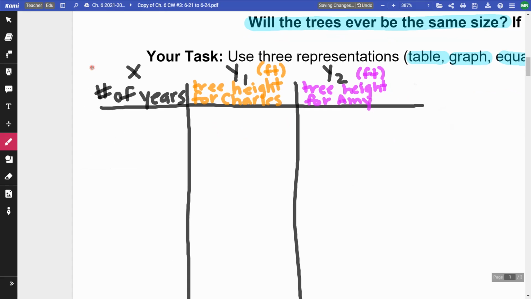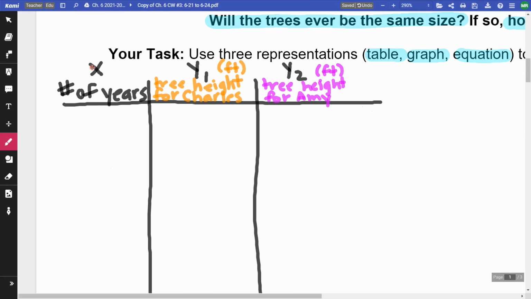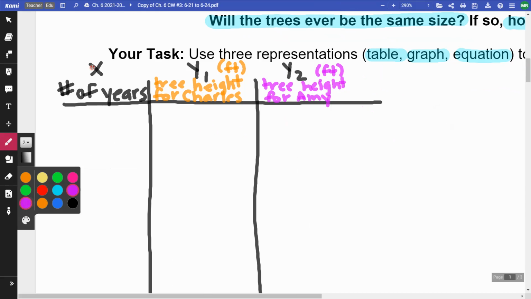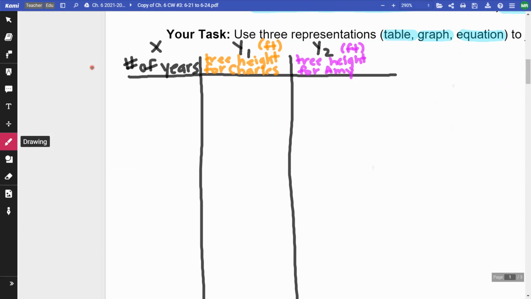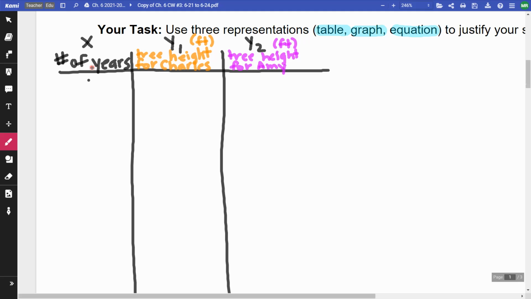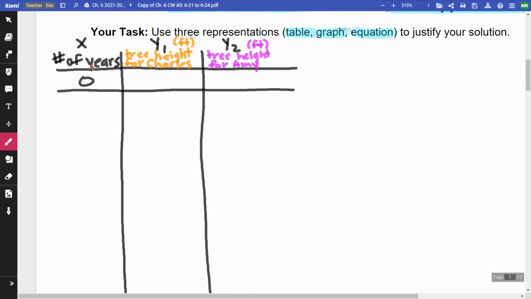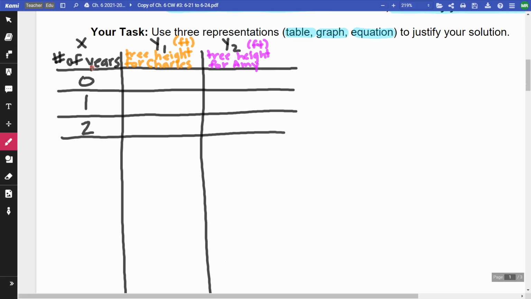And so we're going to make a table, and we're going to generate the data in this table and see when they're going to be the same at the same time. Now, I don't know when that will be. So I'm going to start with 0 years, and let's say we go up to 10 to start with and see where it goes from there. Hopefully we get it before 10. If not, we're going to keep going after that.